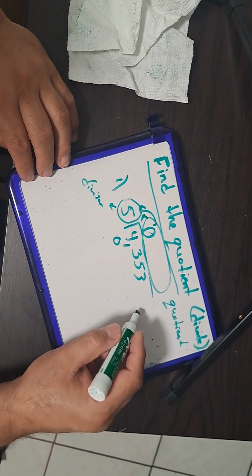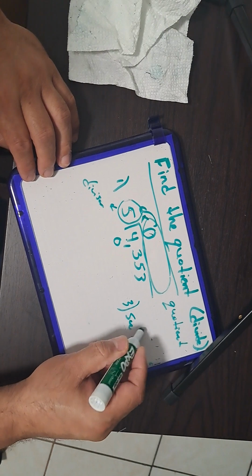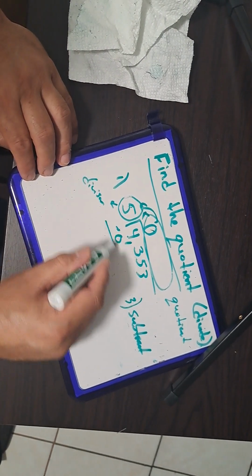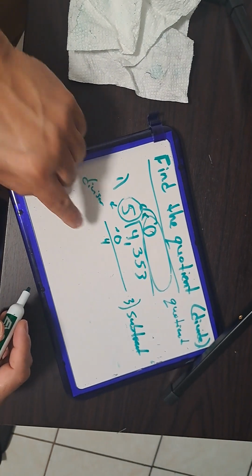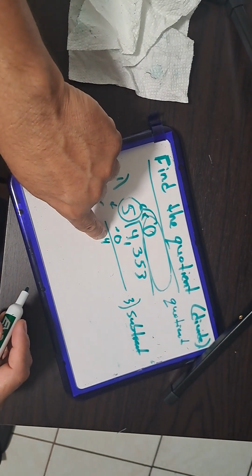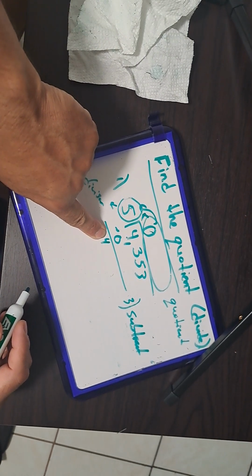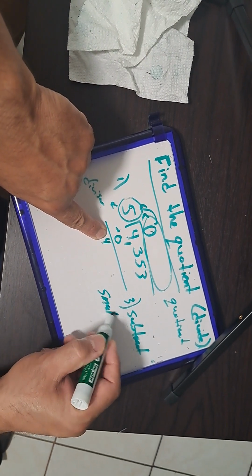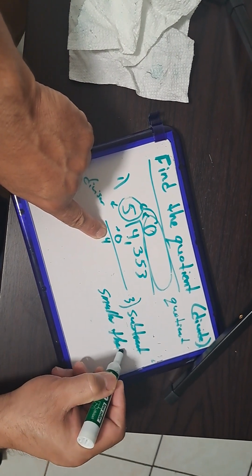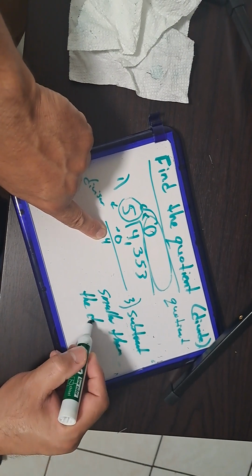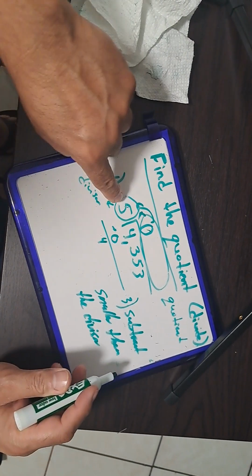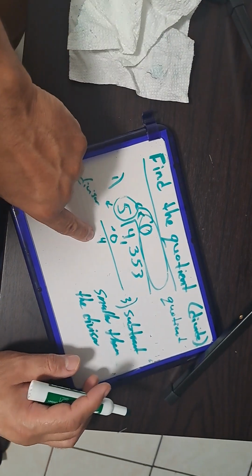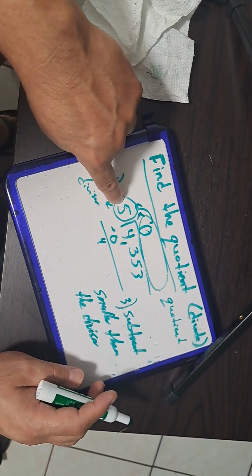Third step, you're going to subtract. You got 4. Now, that result, that subtraction, it has to be smaller than the divisor. Always. Once you subtract, that number always has to be smaller than that one. Why?